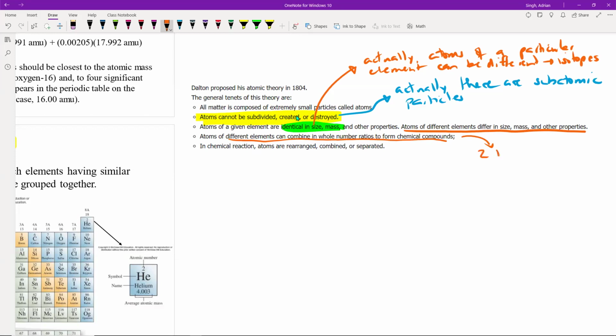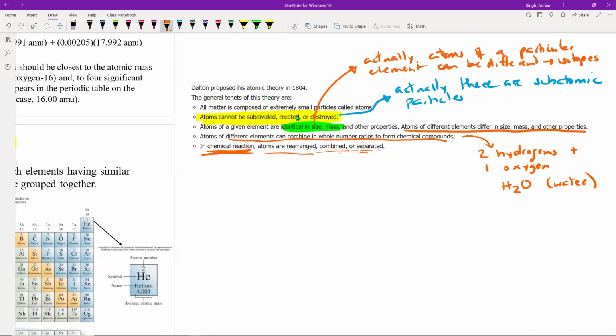So for example, two hydrogens can combine with one oxygen in a whole number ratio to form H2O, and that's our compound called water. And then he also said that in chemical reactions, atoms get rearranged, they get recombined, or they can be separated from other atoms.